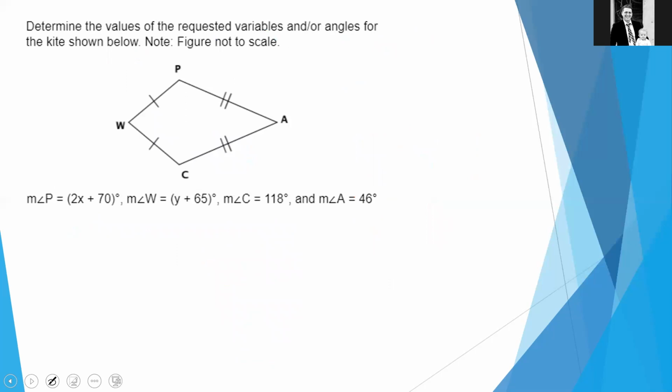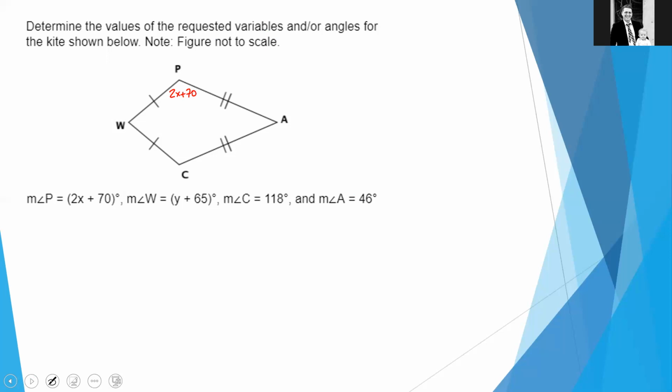Let's talk about this one. It says, determine the value of the requested variables and or angles for the kite shown below. Okay, so let's label things. The measure of angle P is 2x plus 70.